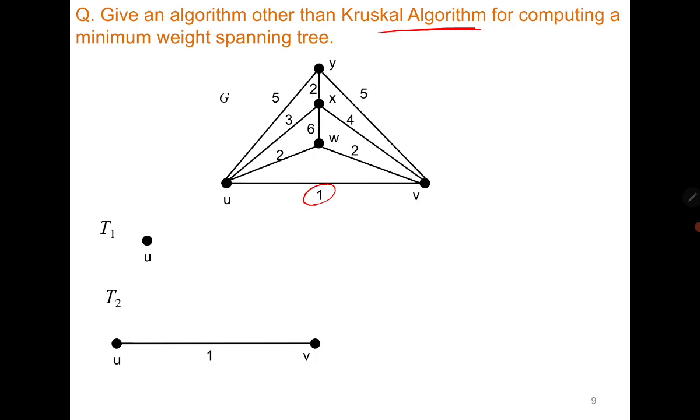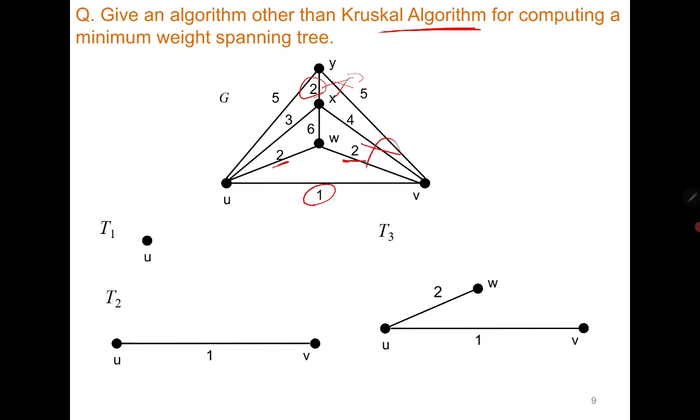Now this choice is not allowed for the minimum weight because it gives you a forest, but we are looking for a tree. So there are only two choices. In Kruskal's algorithm there were three choices. In Prim's algorithm there are only two choices. You make a choice and reach here. After making this, this is not allowed.